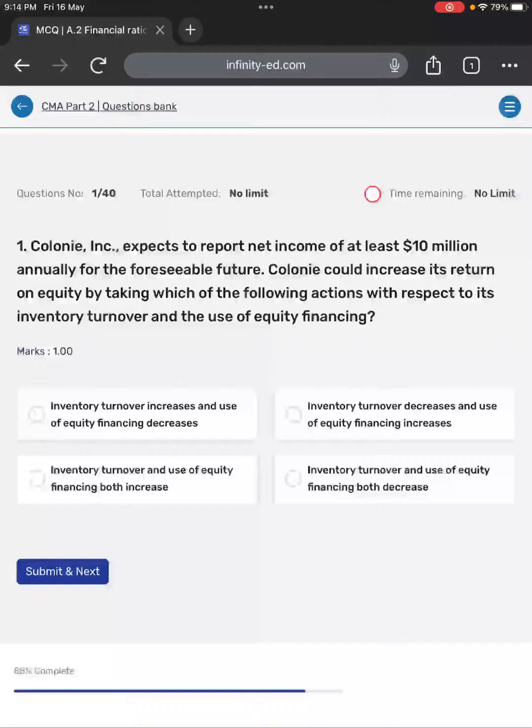In total we have 40 questions. This is the first question. It is asking: Colony could increase its return on equity by taking which of the following actions with respect to inventory turnover and use of equity financing?